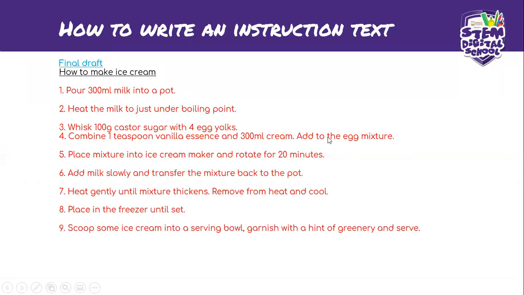All these sentences are simple. There is nothing complicated about them. You can give them to your baby brother or baby sister who is in primary school to read or to make the ice cream, and I'm pretty sure they will be able to follow these instructions.